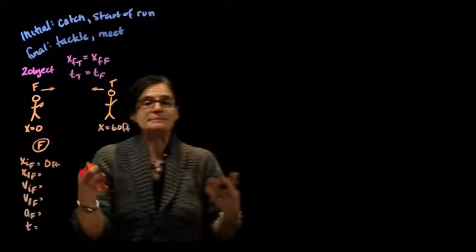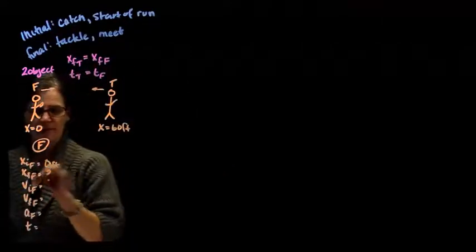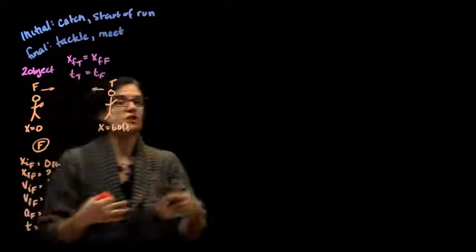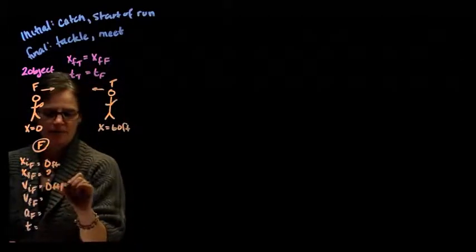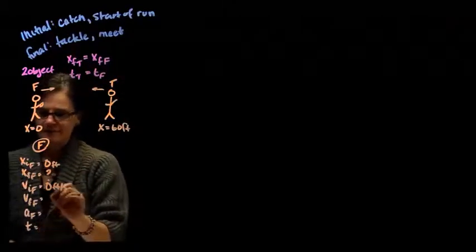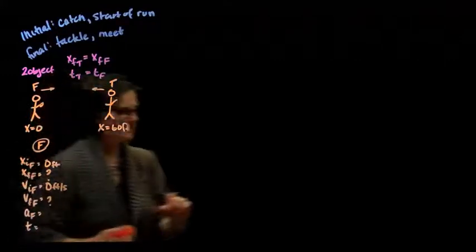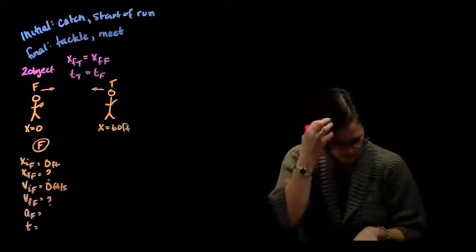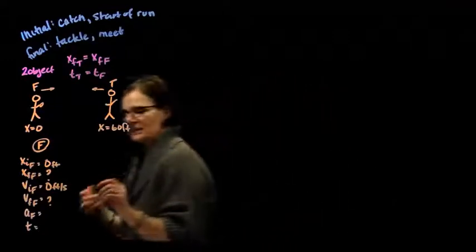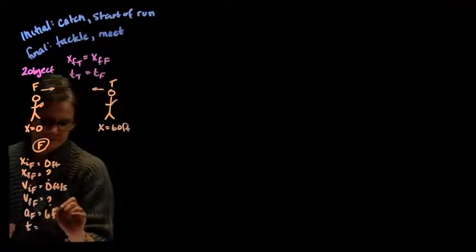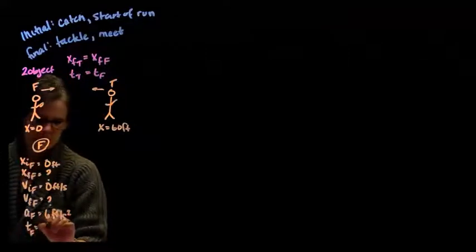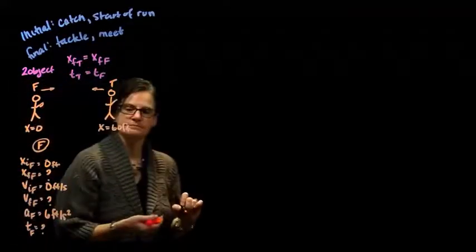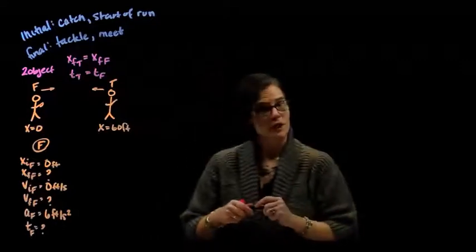When he ends, we don't know where he ends. His initial velocity, he starts running when the catch is made, so he is starting at 0 feet per second. Final velocity, we don't know. The acceleration is given, 6 feet per second squared. And time for Fred, we don't know the time. All right, so there's our list for Fred.